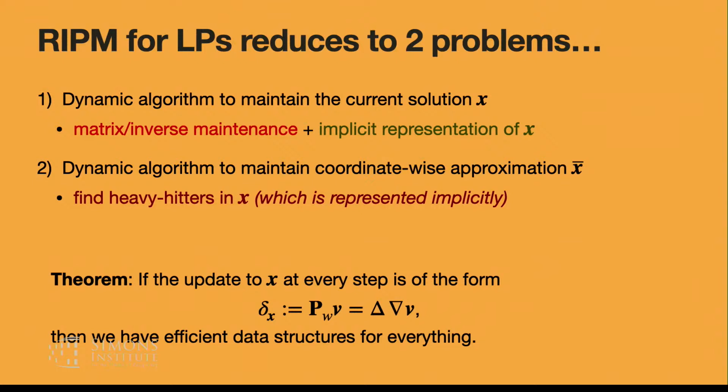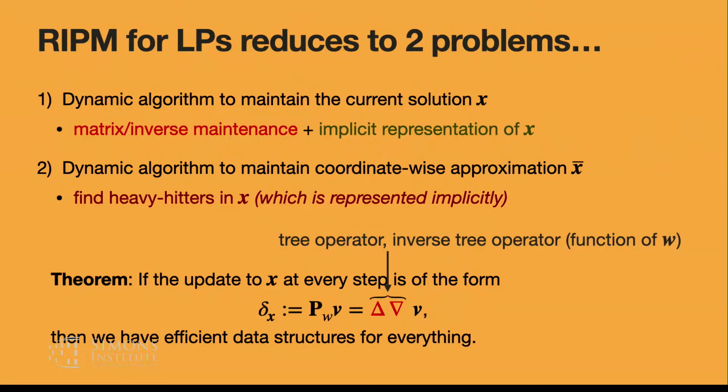And in our latest paper, we simplified all the data structures, so now we have something a lot more modular, and the theorem basically says if the update to X is of the form this thing, then we have efficient data structures for everything. Right, so the update is P sub W V, and we want to be able to write this expression as this delta nabla, and I'll explain what that is.